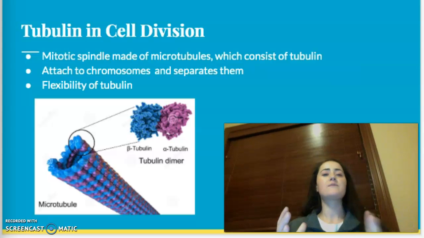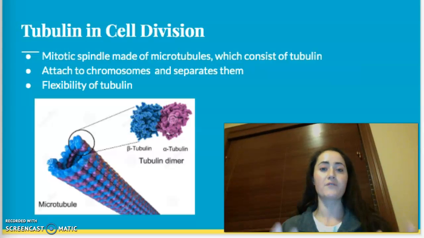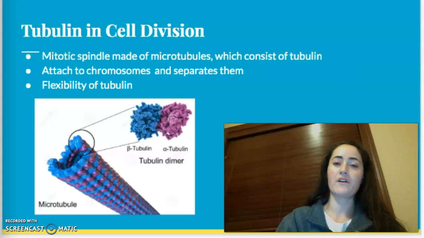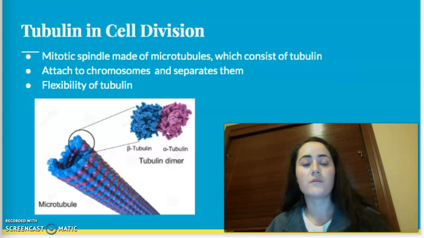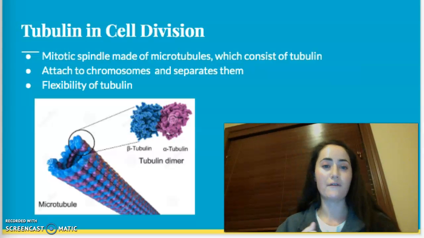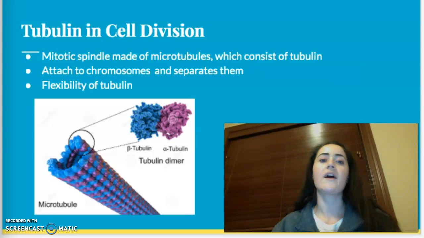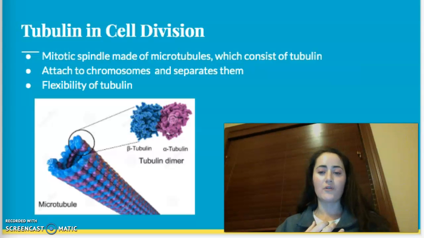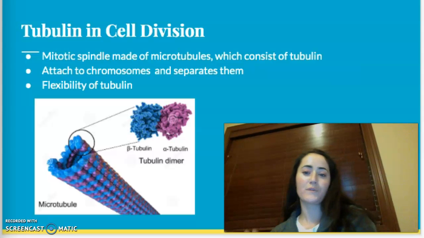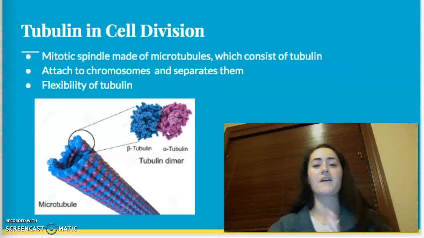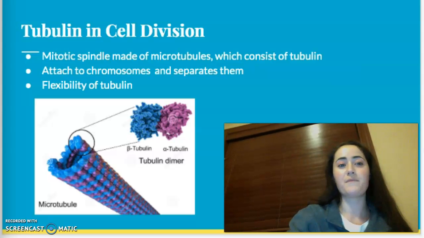The mitotic spindle is composed of microtubules, and the microtubules are composed of what's called alpha and beta tubulin heterodimers. So going back forward a little bit, tubulin heterodimers make up microtubules, which lead to the mitotic spindle.